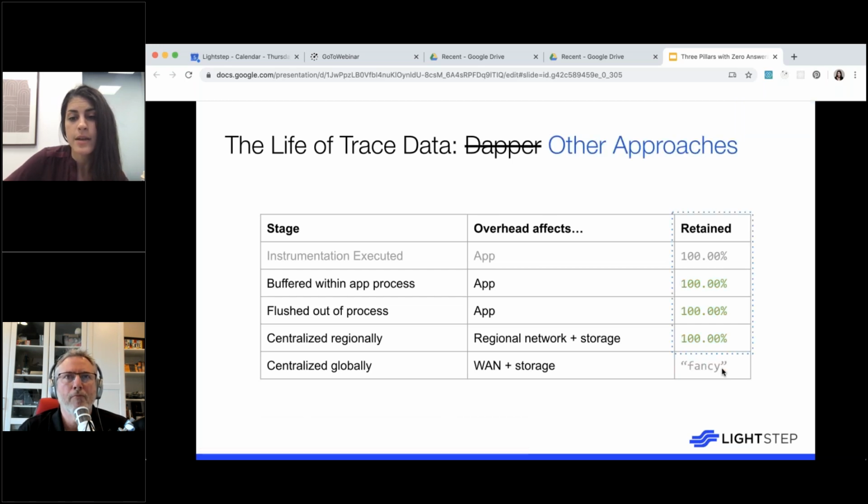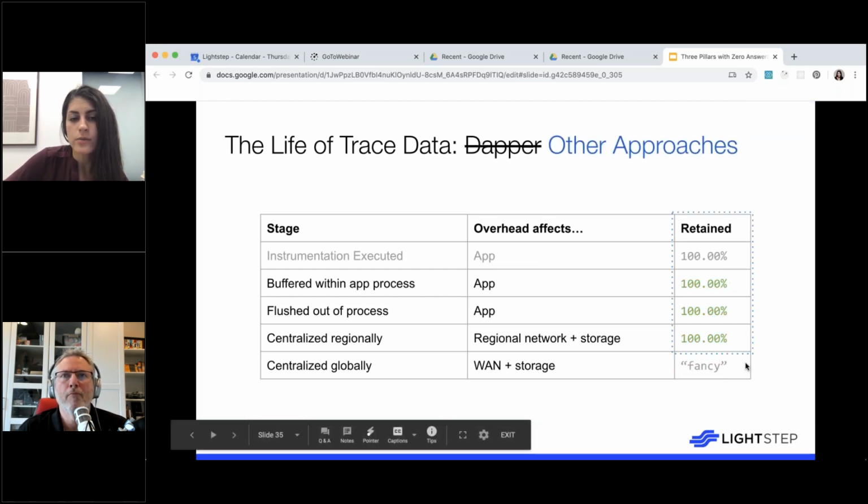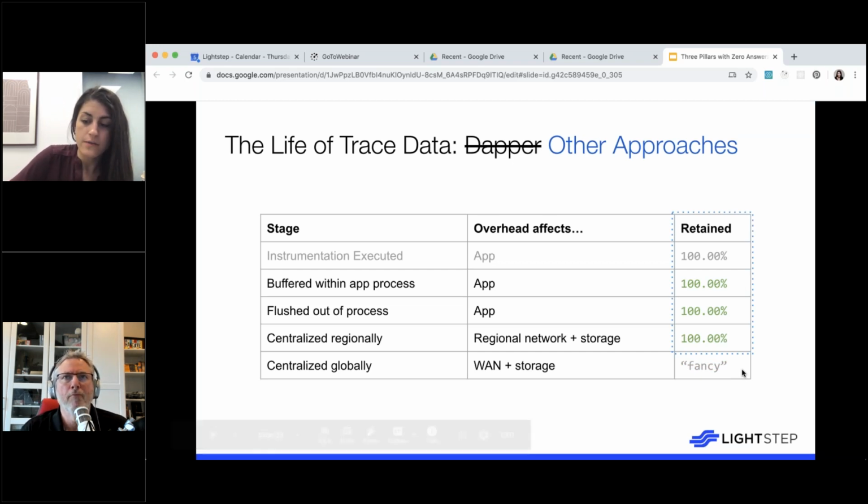But the way Lightstep has solved it is that we retain 100% of the transactions for a small period of time, and we allow you to do interesting dynamic queries in real time. So I think we've handled the retention problem in tracing fairly well, and we've also handled the cardinality issues. We essentially have a mechanism to query for high cardinality tags that isn't expensive.